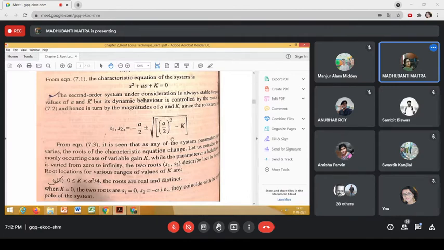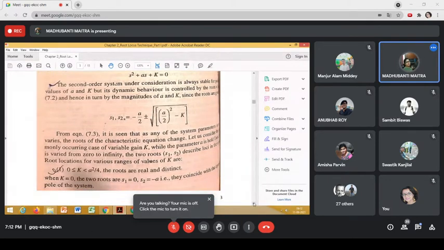And when the value of gain K is equal to a square by 4, what will be the root locations?